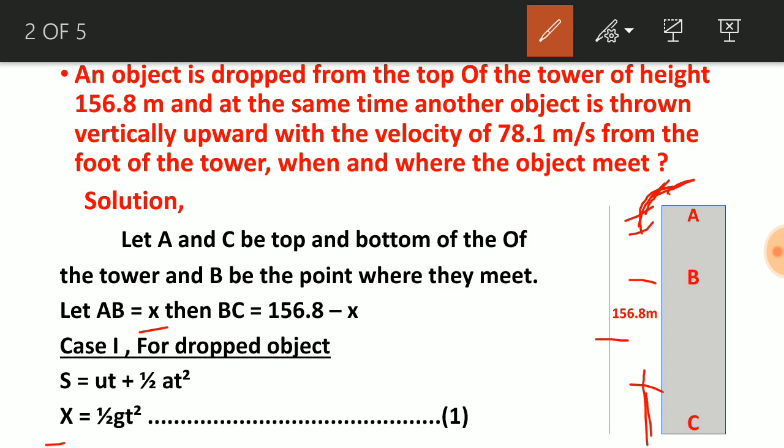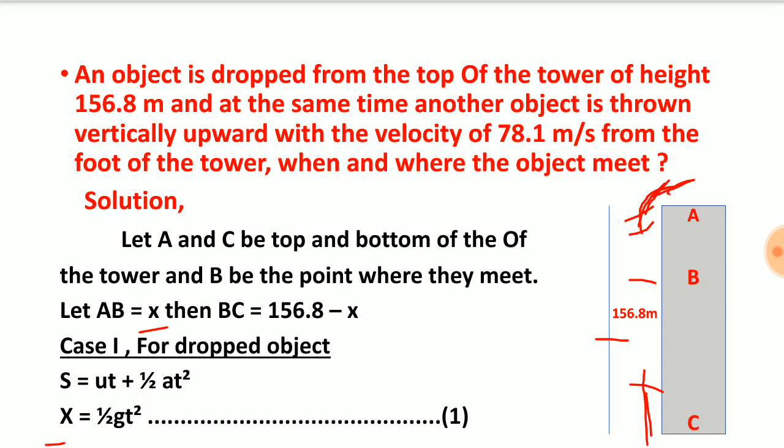It is dropped towards the bottom, so acceleration due to gravity will be g, and so x is equal to half gt square is equation 1 for the dropped body.